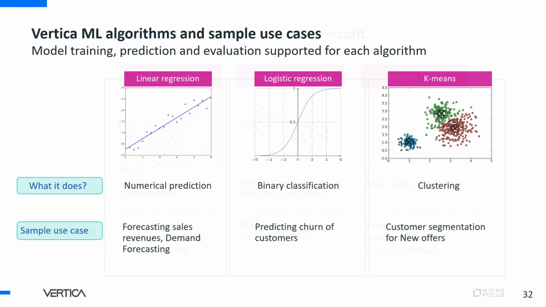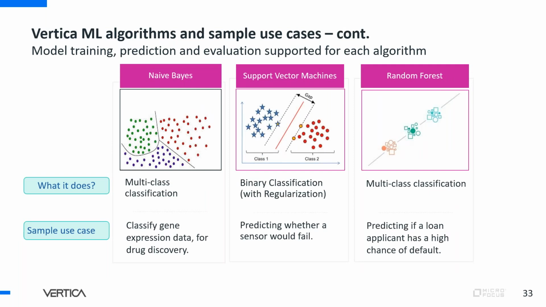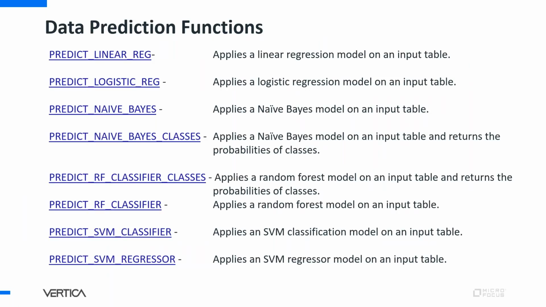We also provide algorithms like Naive Bayes, which is an enhancement of classification, and it helps you do things like drug discovery. We also have SVM, which is support vector machines, and it is also part of prediction. We also have random forest algorithms available in Vertica, which do multi-class classification.